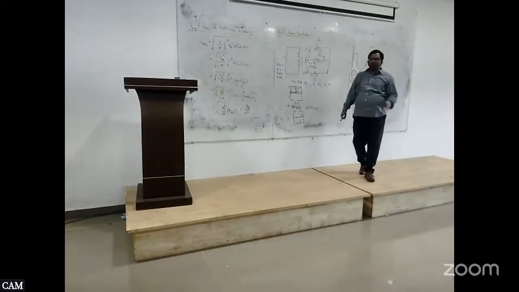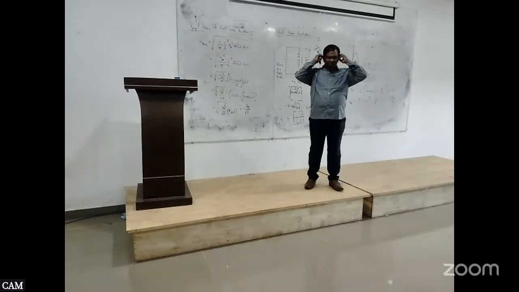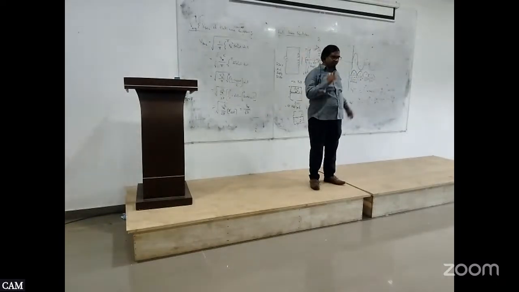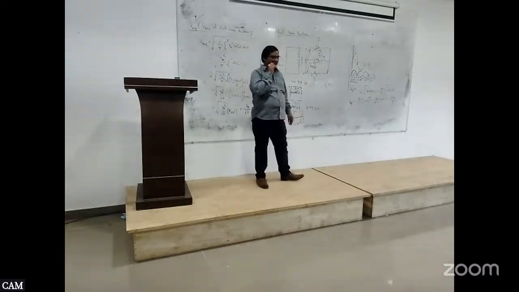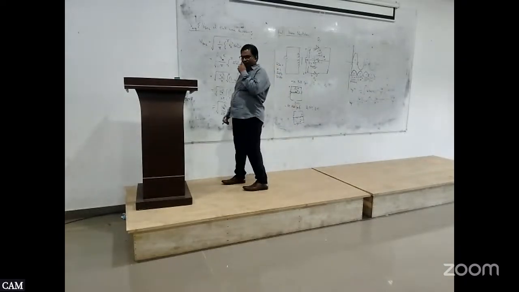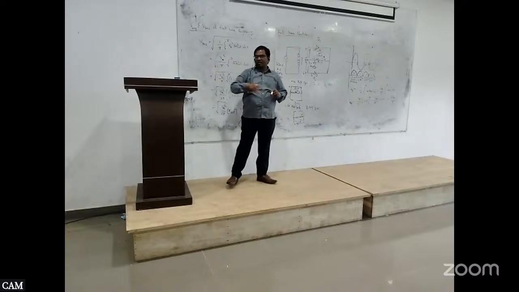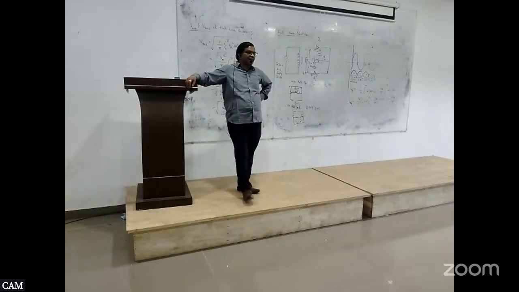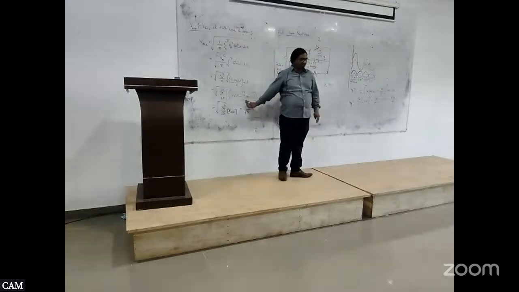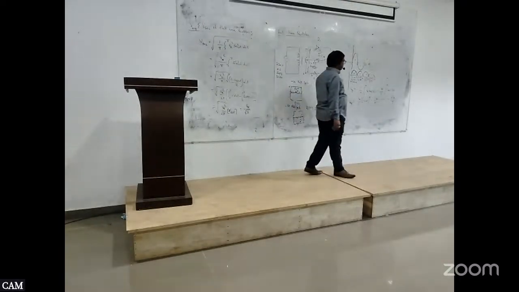After getting the average value and RMS value, we'll find out the form factor. What is the formula for form factor? Form factor is the ratio of VRMS by V average. VRMS is Vm by root 2, V average is 2 Vm by pi.